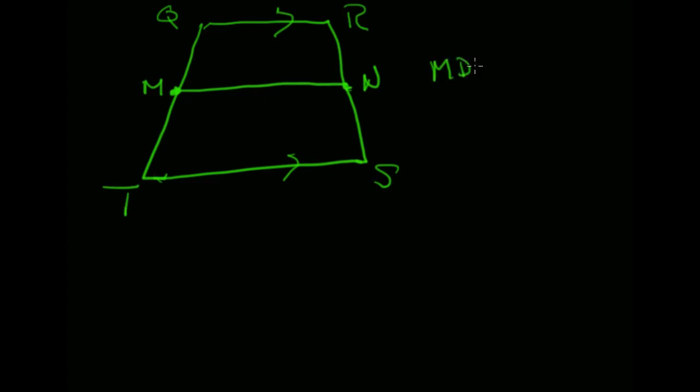And what this tells me is that if I join the midpoints, so let's call this M, and let's call that N, and I put a segment in here, then the argument is that that segment is one, parallel to both of the bases, and two, that the length, if I call this Q, R, S, and T, then the length of MN is the average of QR and SP, so QR plus SP divided by 2.